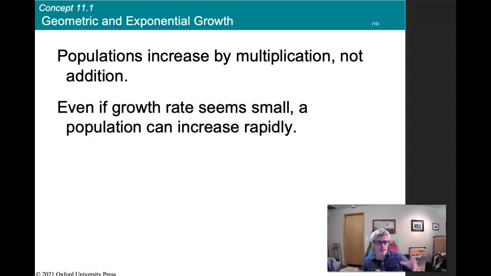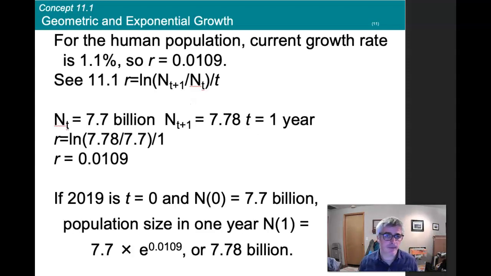So if you have a population of 10 and a growth rate of 10%, it's not adding 1 every single year, it's adding 10% of your current population. 10% is still a relatively large growth number, but we'll look at a couple examples of a few percent. 1 or 2% makes a big difference over long periods, decades.